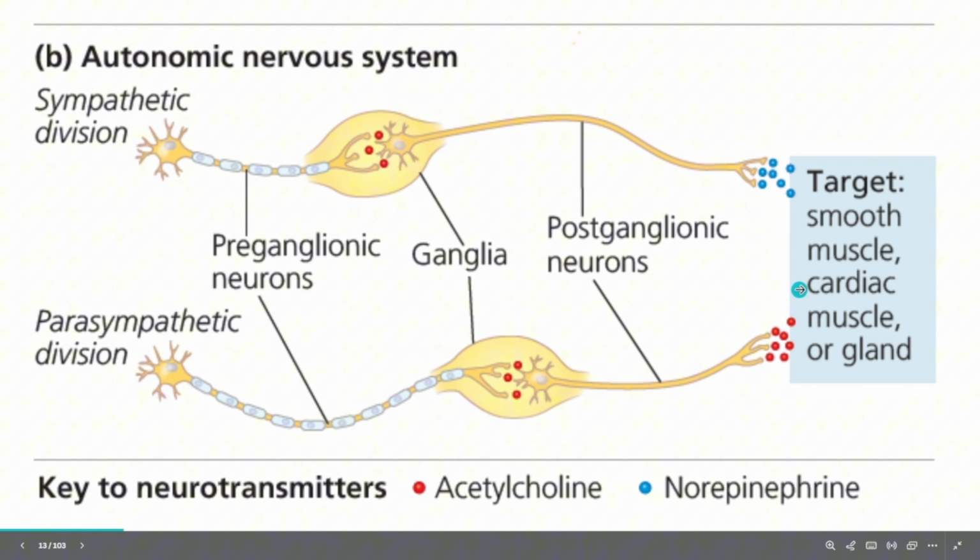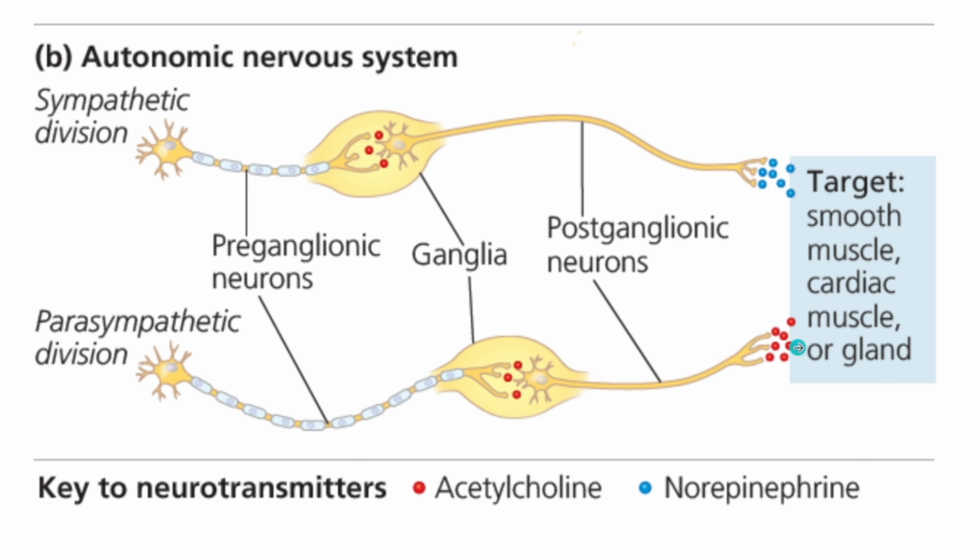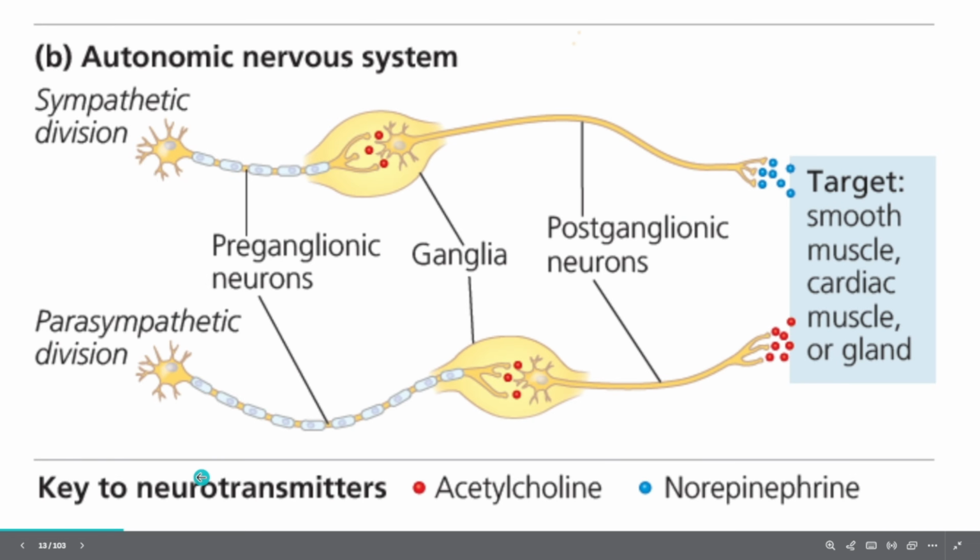Okay, so these two actually have two different functions, because these two neurotransmitters play different roles in how the muscle does something. Later we will see the role of each type of neurotransmitter.